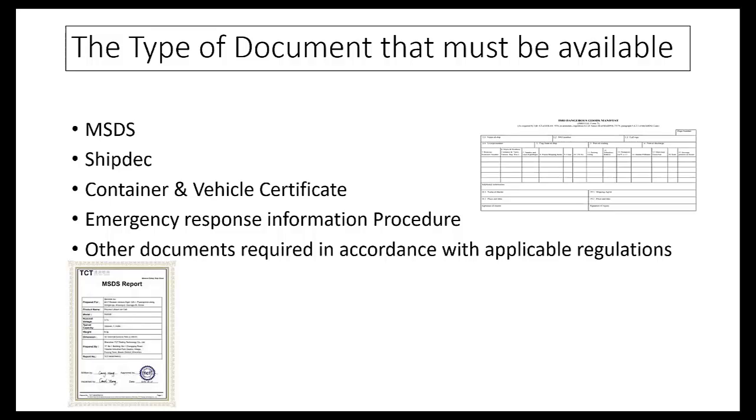Emergency response information procedure is the procedure, the document listing the contact person and the flow of emergency, and other documents required in accordance with applicable regulation.